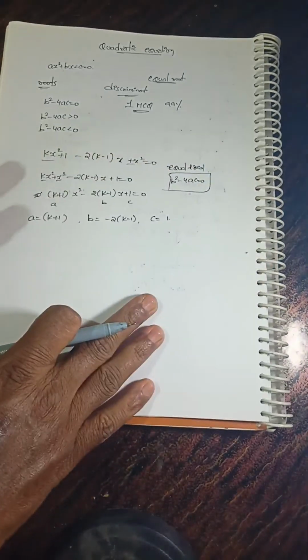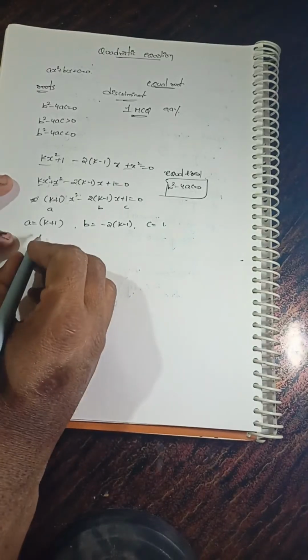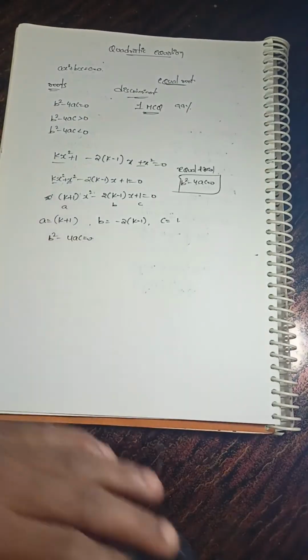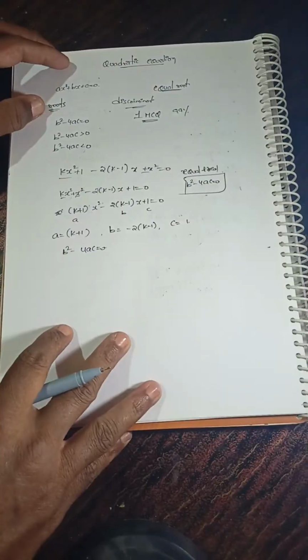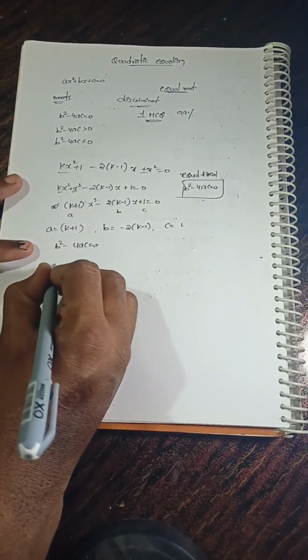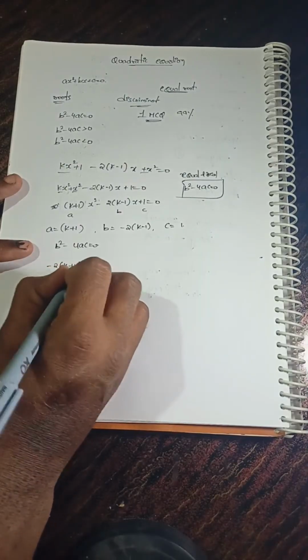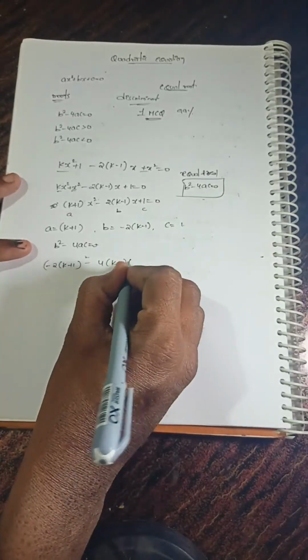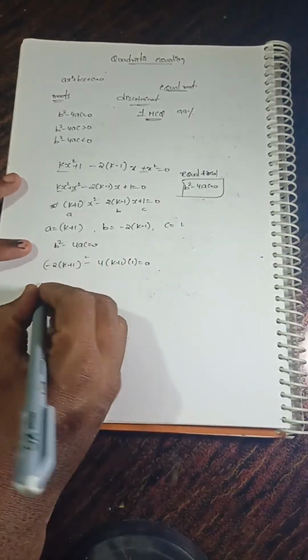This equation you are going to take now. B square minus 4ac is equals to, what is the b value? Minus 2 into k minus 1 whole square minus 4 into a value is k plus 1, c value is 1 equals to 0. Write down square separately.